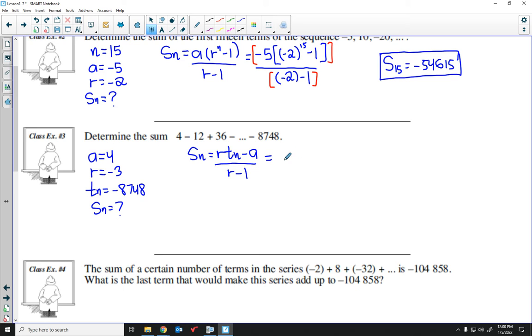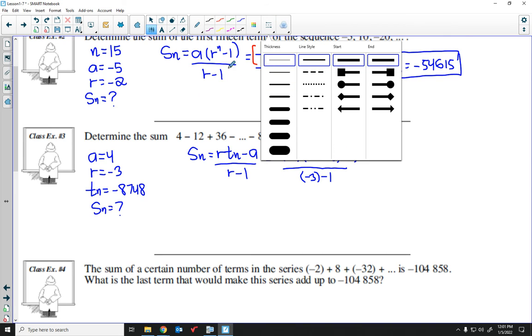Let's plug everything in here. So r is negative 3 times t of n, which is negative 8,748. Subtract 4, and then divide by negative 3 minus 1.